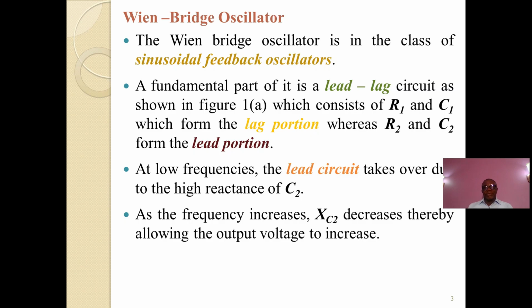Last time we treated oscillators in general. While we were treating oscillators, we said that two classes of oscillators exist. The first class is the one that employs feedback to operate, while the second version is what we call the relaxation oscillators.